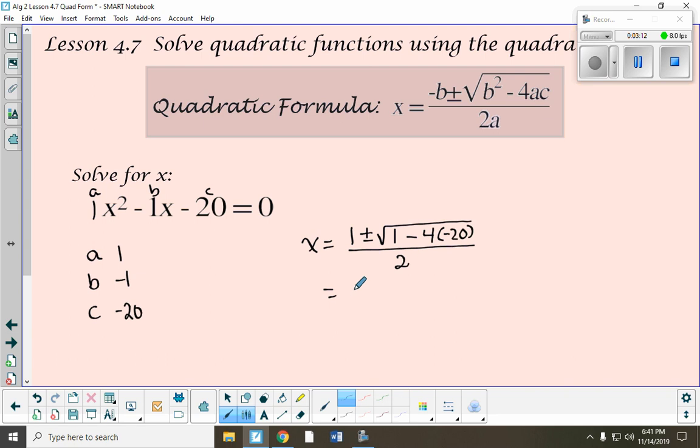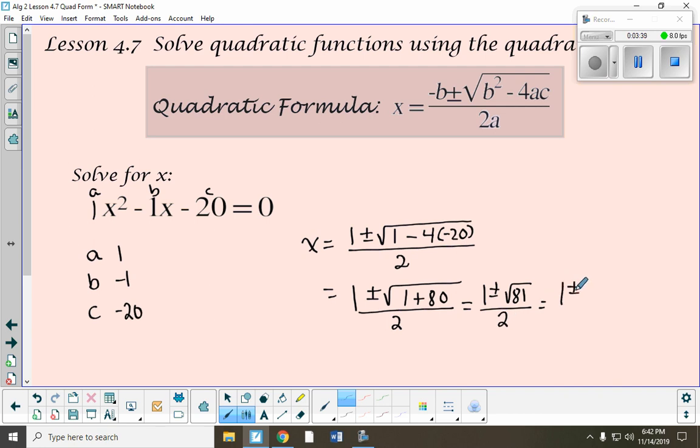And now we'll simplify, and keeping in mind our order of operations, we need to simplify underneath the square root. So first you would multiply. 4 times negative 20 is negative 80. So 1 minus negative 80 would be 1 plus 80, over 2, which is 1 plus or minus the square root of 81 over 2.